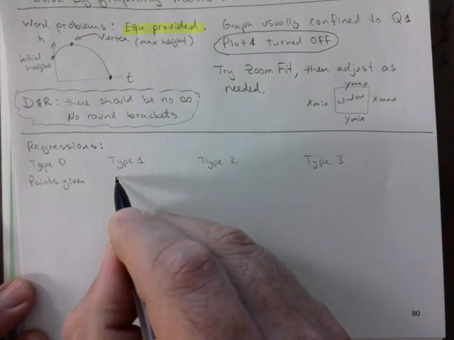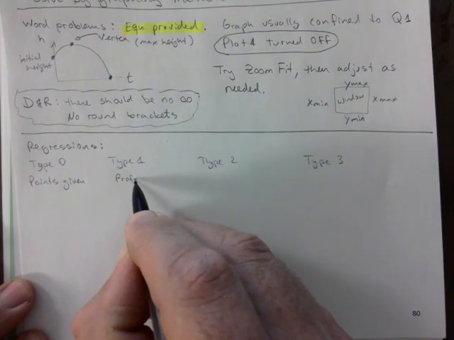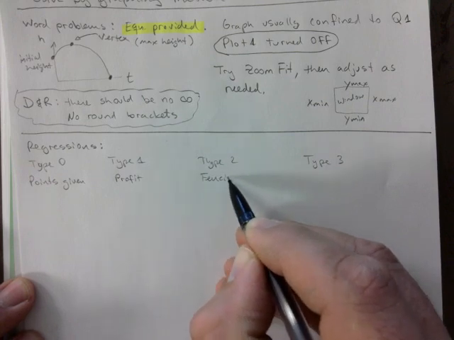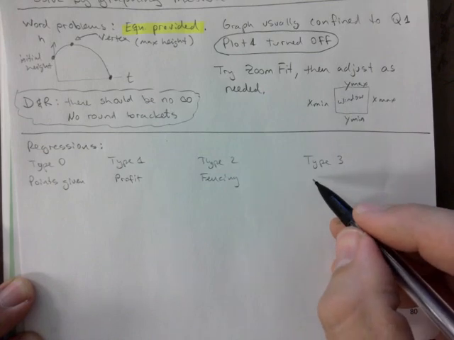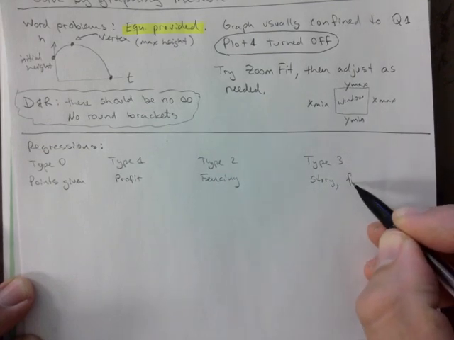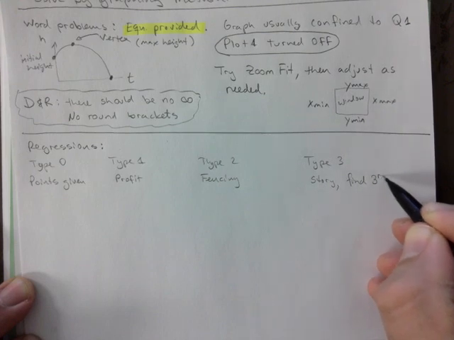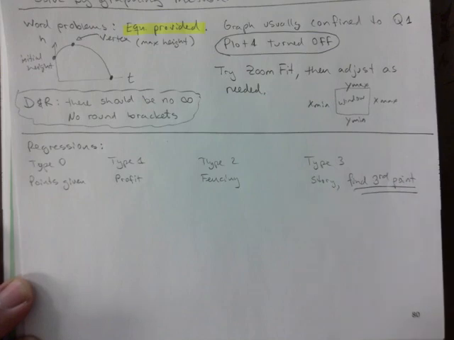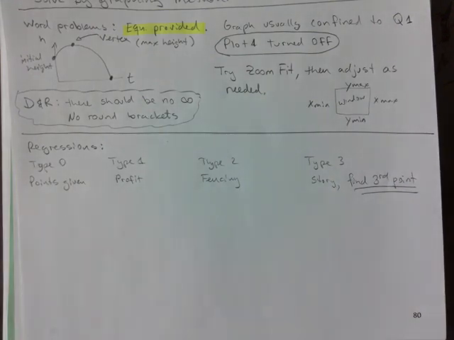Here you have profit or revenue type of scenarios, and this would be fencing. And type 3 is story, find the third point. Okay, that's extremely important that you find the third point there.